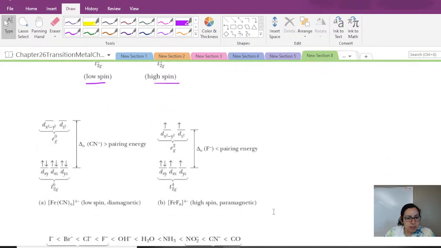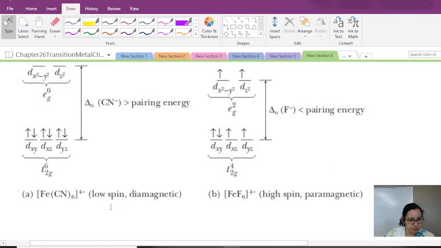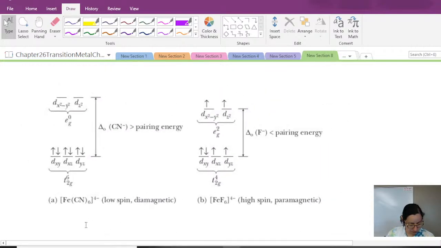And so let's look at some more examples. Now we're comparing. Let's look at these. What's my oxidation state of iron?